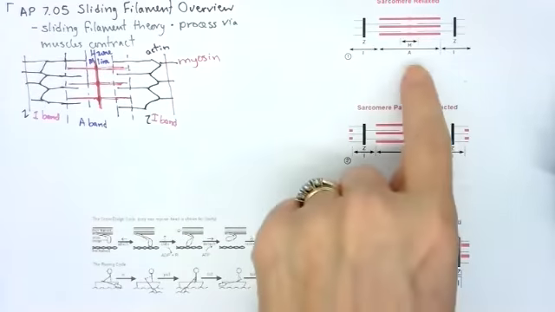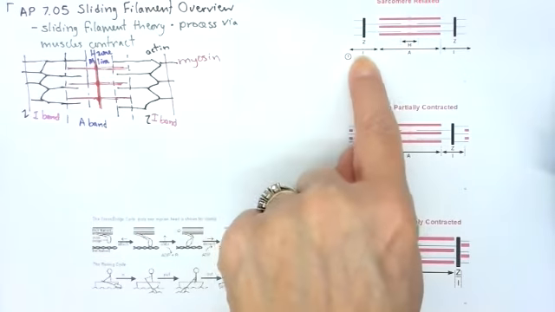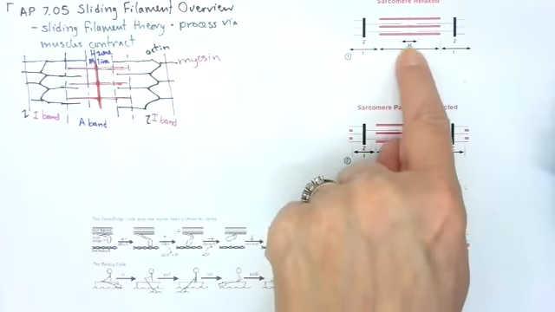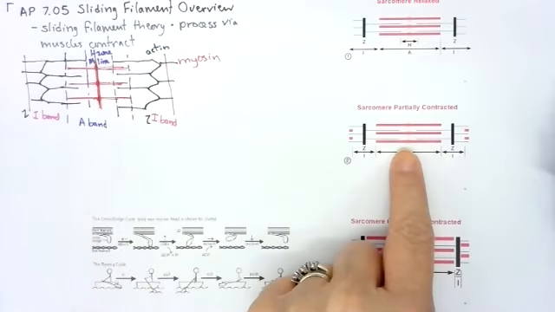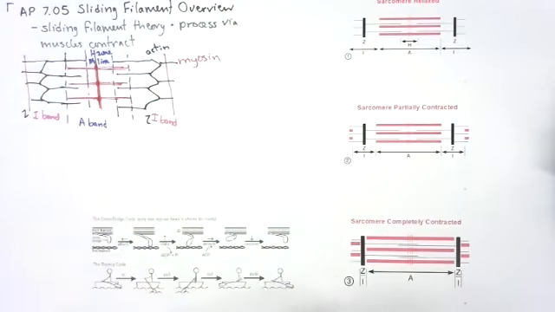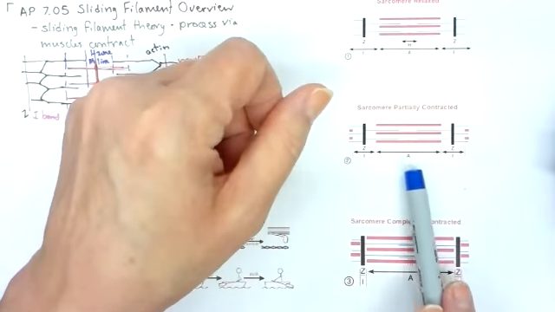If the I bands are actin only, here we see my I band, we have actin only. And here I have my H zone, which is myosin only. Tell me what's happening to the H zone and the I bands as we begin to contract. Here, my H zone is about a pen length, and it hasn't changed too much here.